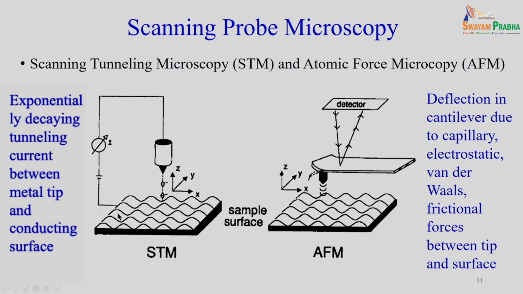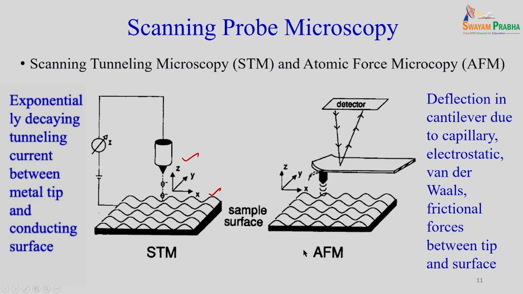So, basically here we require a conducting surface, and we are also using a metal tip, and what we are measuring is the exponential decay of the tunneling current between the metal tip and your conducting surface.